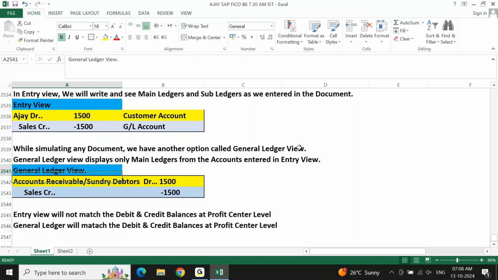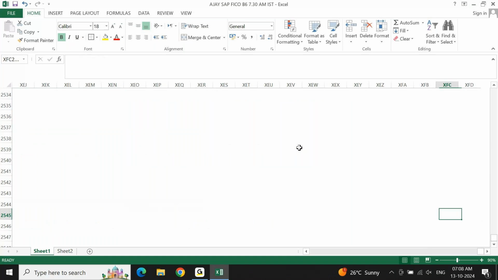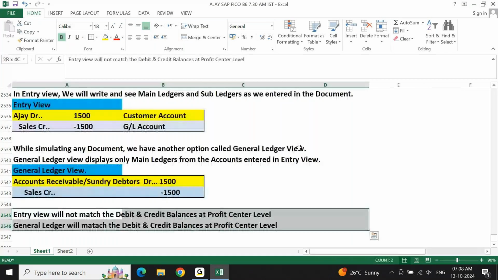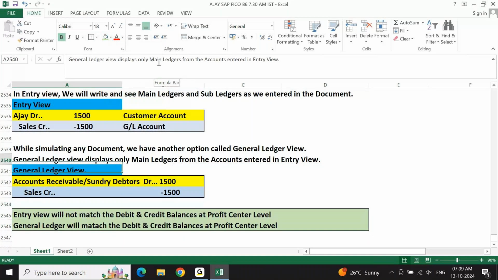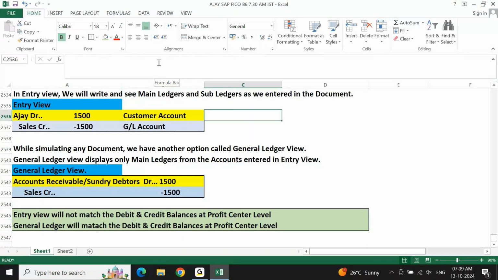So having seen these two statements, do you get profit center level balance matching in entry view? Yes or no? No, sir. In entry view, do we get profit center level matching? No.